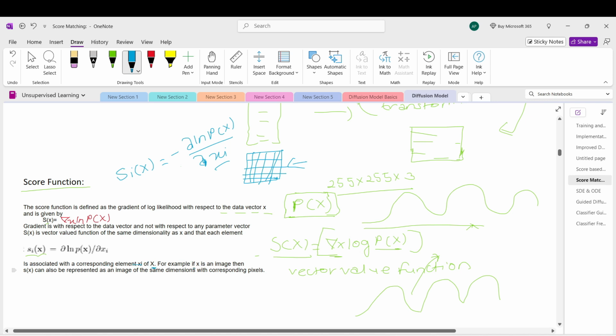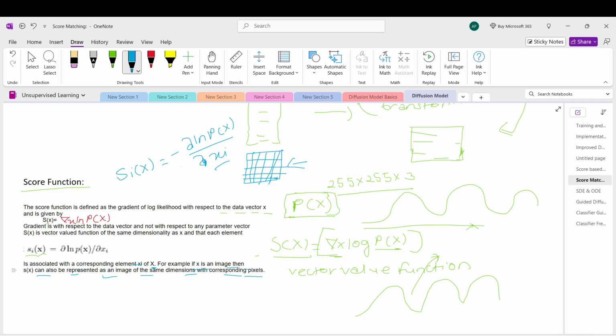So where x is an image, s of x can be represented as an image of the same dimension with corresponding pixels. So this is the score function.